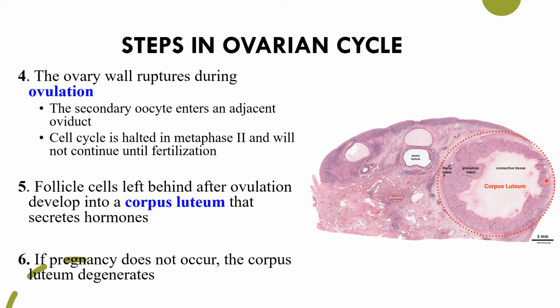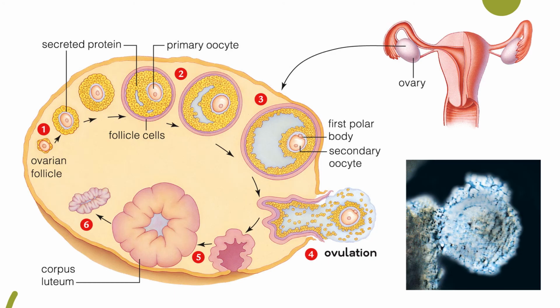Once it has degenerated, it would look like this, a corpus albicans, a fully degenerated corpus luteum. So this is how the ovulation process looks like. Again, from the ovarian follicle, you have here the development of the follicular cells going to the primary oocyte, and then here you will be producing the first polar body and the secondary oocyte.